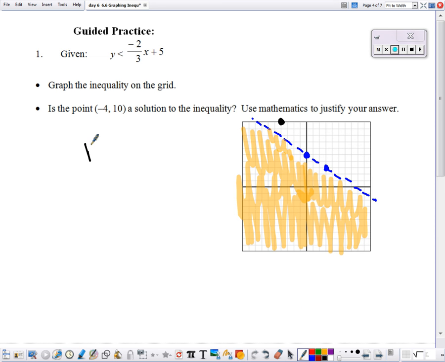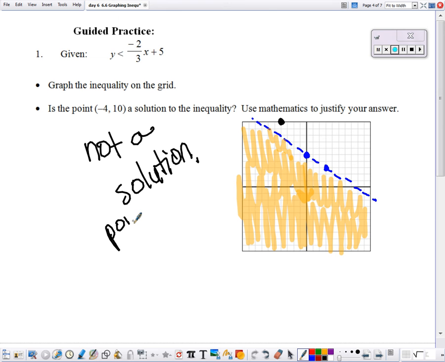So that is not a solution. Justifying my answer, the point is not in the shaded region.